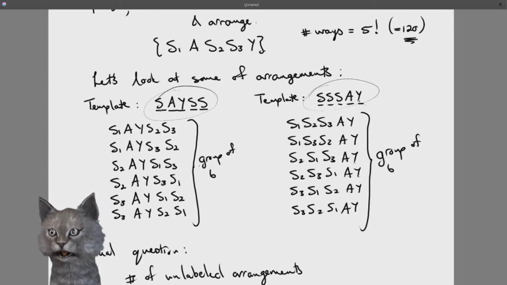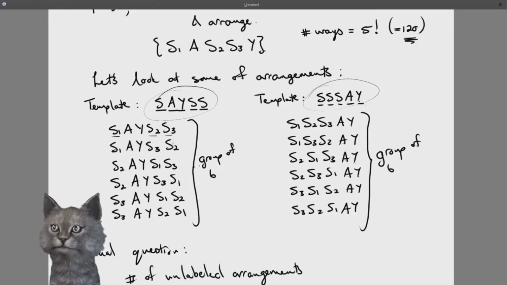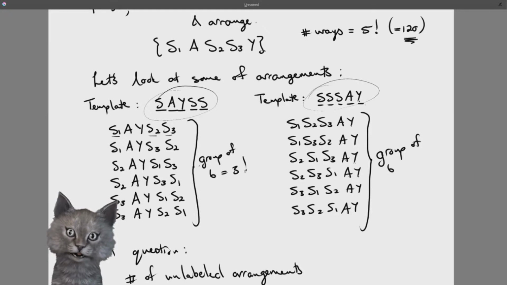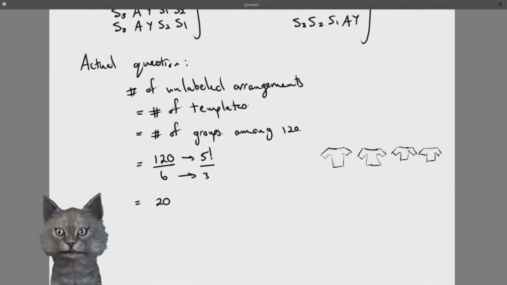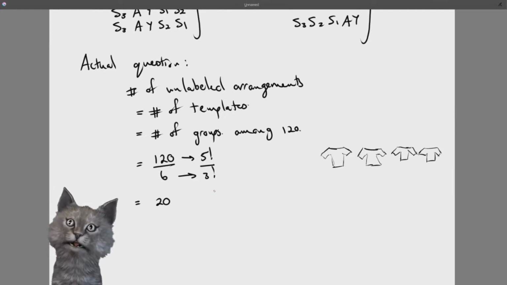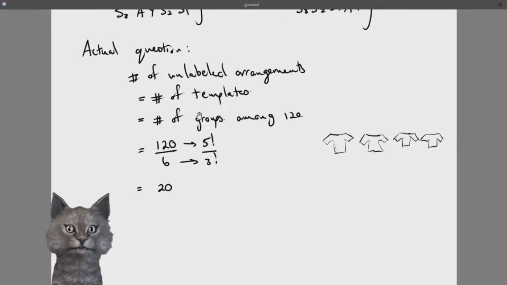The only options are shuffling the S's around in those positions. There are 3 labeled S's inside this group. They can only be, in this example, first and the 2 last positions. In how many ways can I shuffle 3 things around? 3 factorial. And that is why it's 6. 3 factorial. It's because I'm shuffling 3 S's.